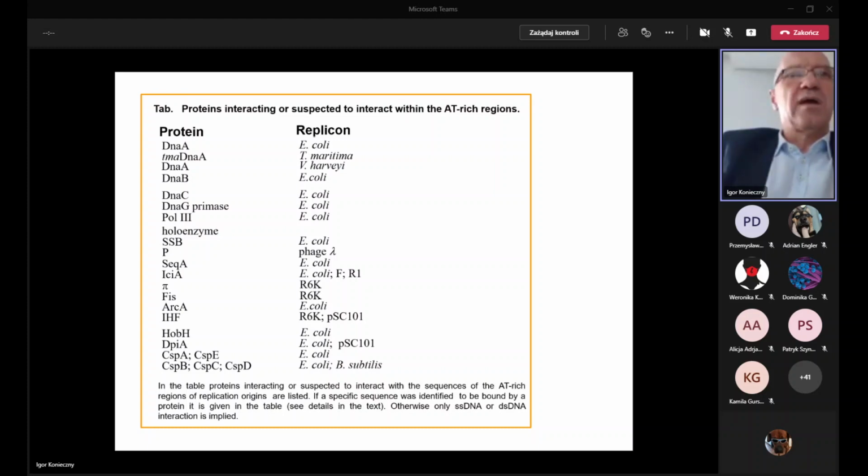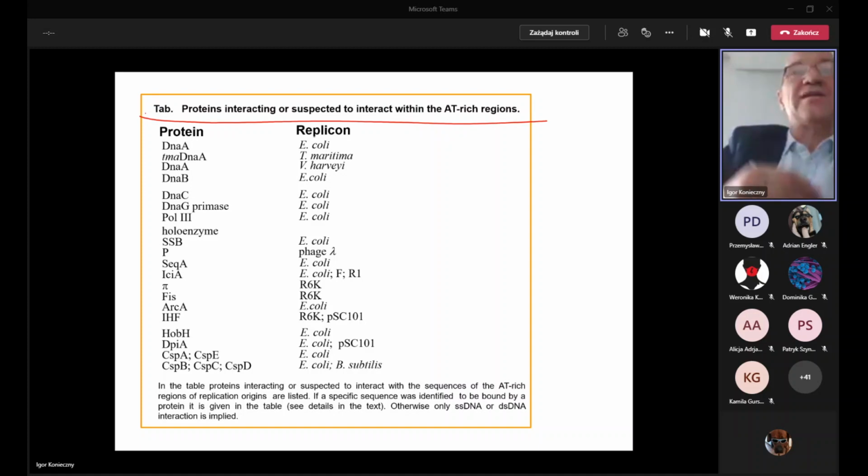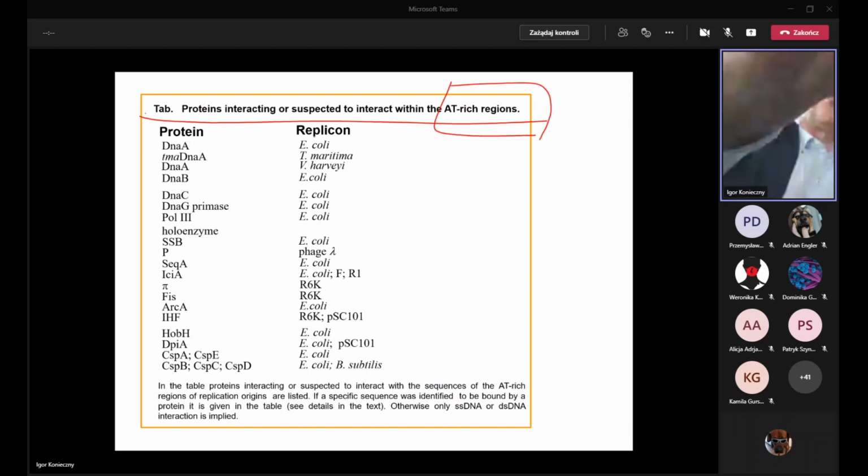Okay, these are the proteins. I mentioned that these AT-rich regions are important for interaction of DnaA.